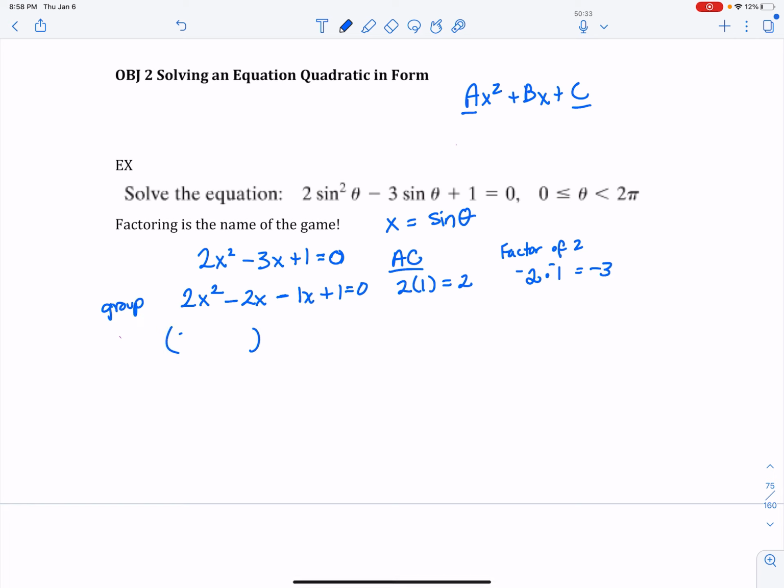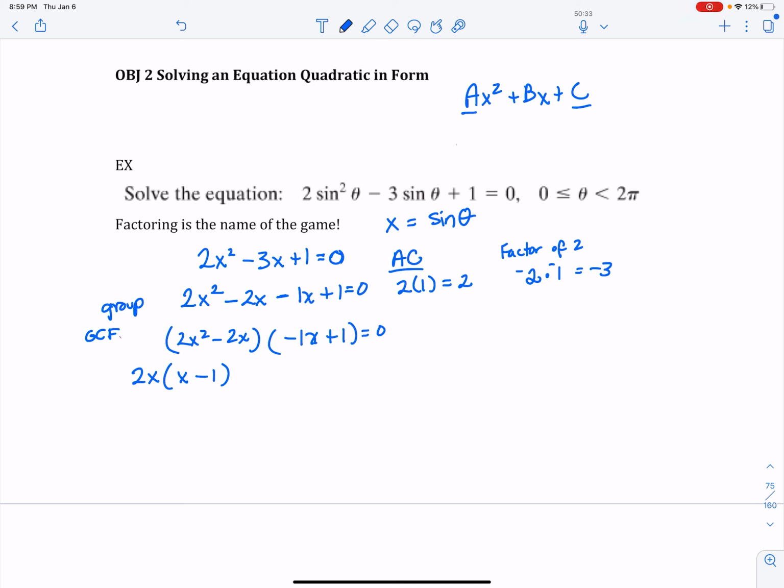And grouping says I group the first two together, and I'm looking for a GCF, and then I group the second two together and look for a GCF. So in the first grouping, the GCF is 2x, and I'm left with x minus 1.